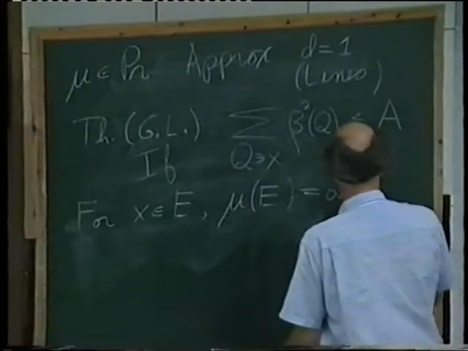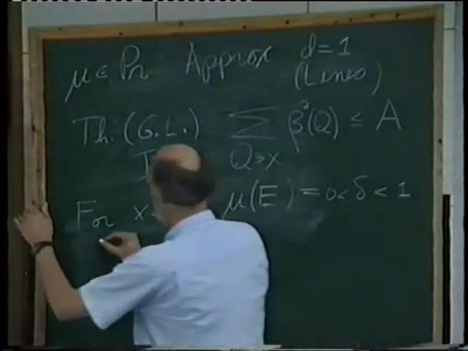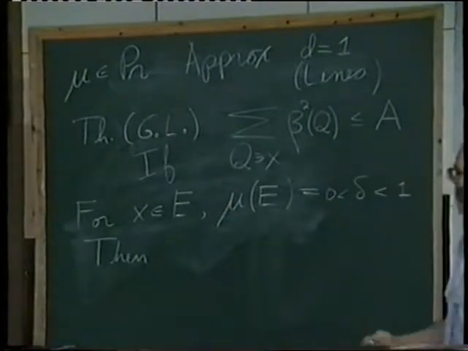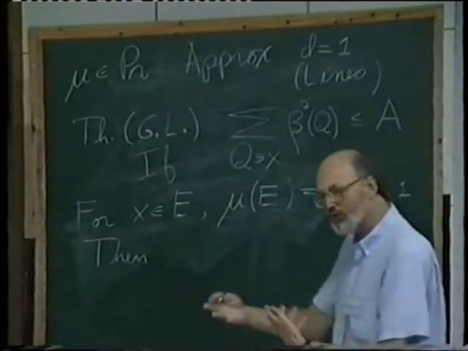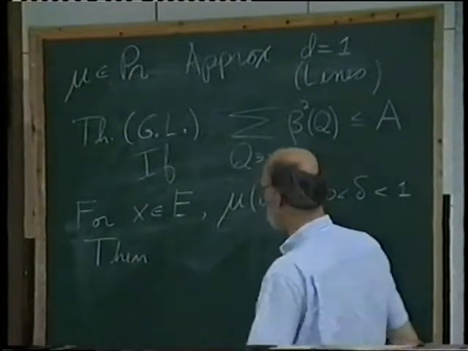So you should think of this as something between 0 and 1. Then a large piece of this set is rectifiable or described by one-dimensional data extremely well.